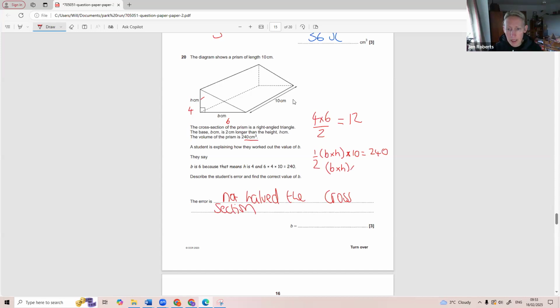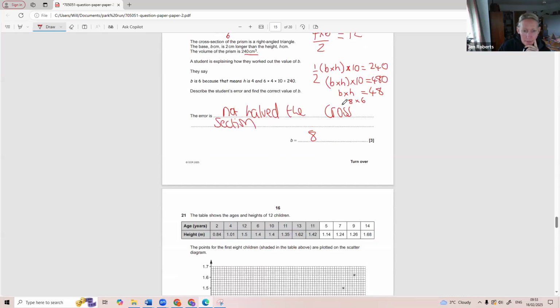So I get base times height times 10 is 480. Now I'm going to divide both sides by 10. Base times height is 48. Let me think. What numbers do I know that multiply to give 48? 6 and 8, right? 8 times 6 is 48. And the base is 2 centimetres longer than height. Yeah, that works. So your base is 8.